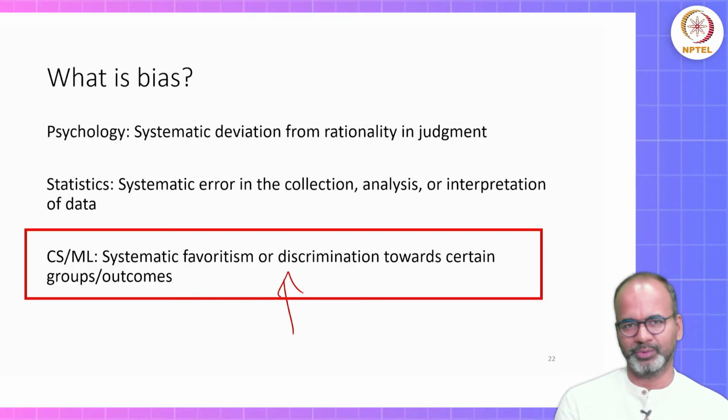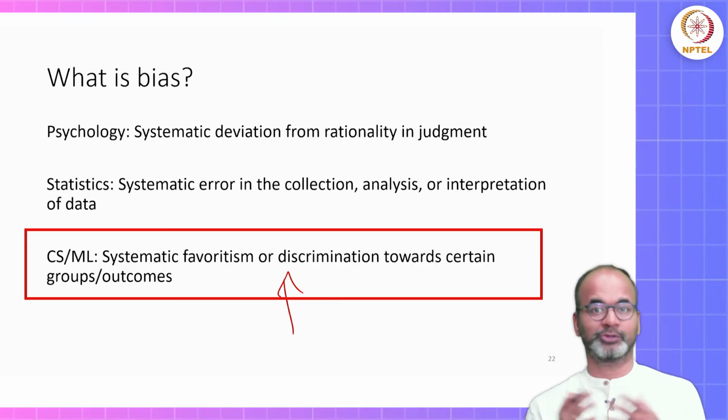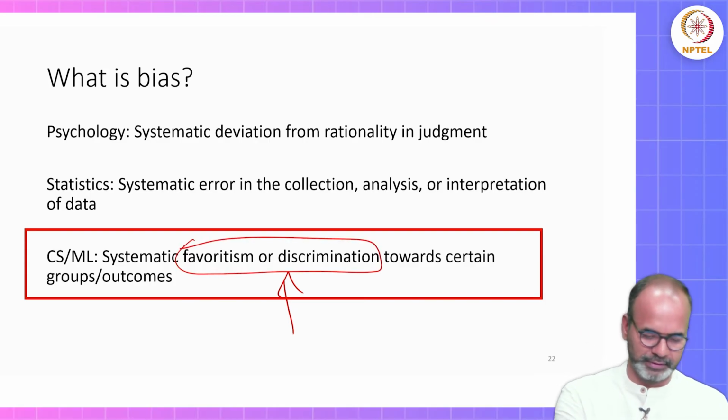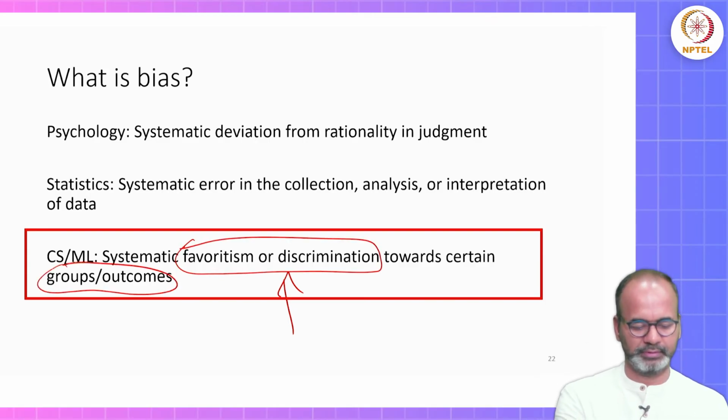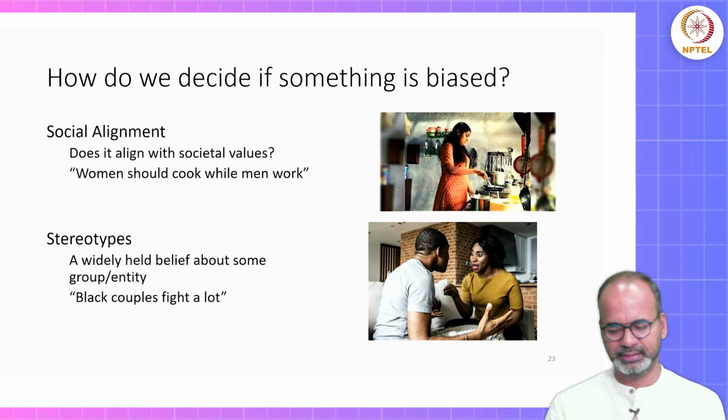That's a way you can think about what the bias definition is for this course, and how many in the CS, ML, or AI research community and technology-building companies are thinking about it. The keyword is favoritism or discrimination towards groups or outcomes. Okay, so those are the two key parts of the definition of what a bias is.